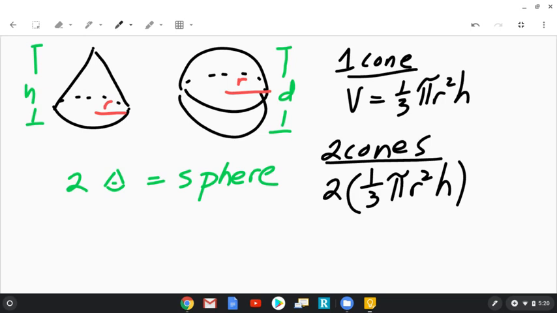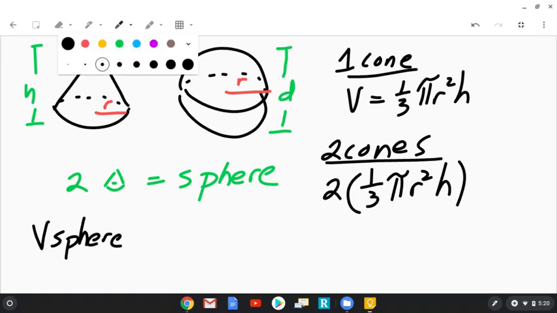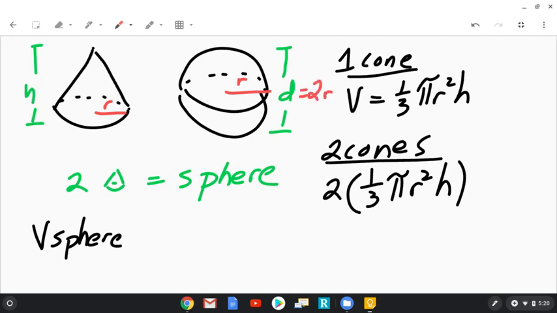In a cone, the height was represented by the diameter of the sphere. And let's also make note that the diameter is equivalent to 2 times the radius. The reason I want to use radius is because then our whole equation has a variable of r as opposed to having 2 variables.